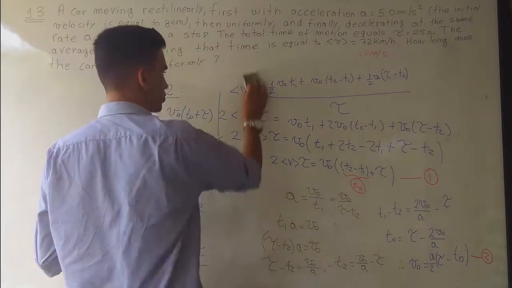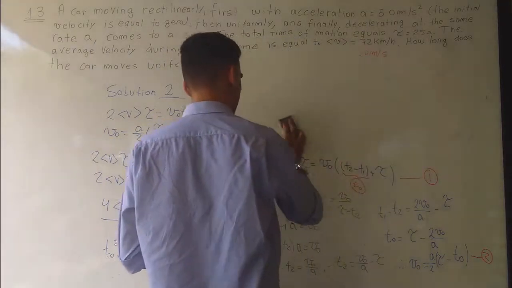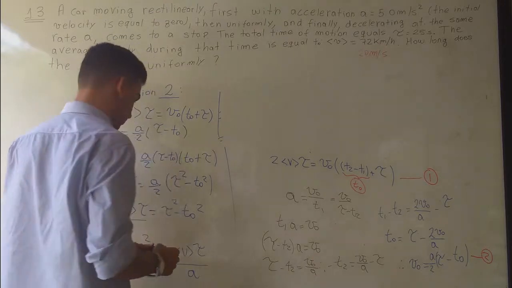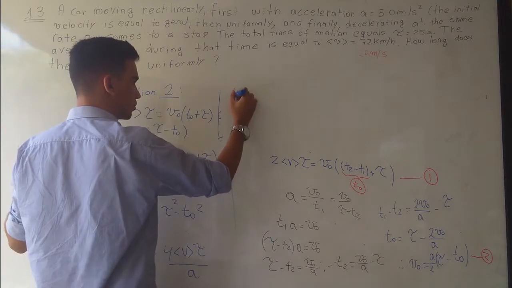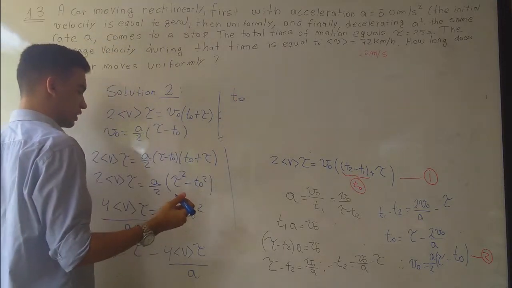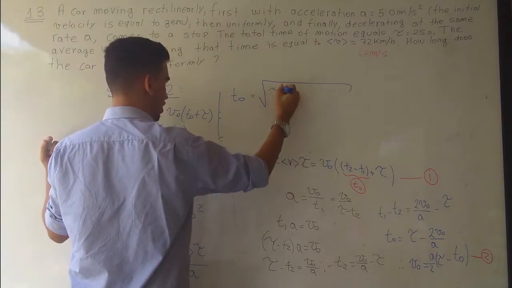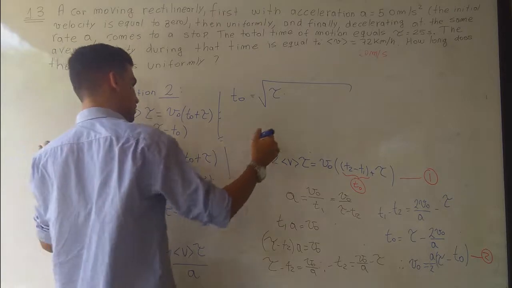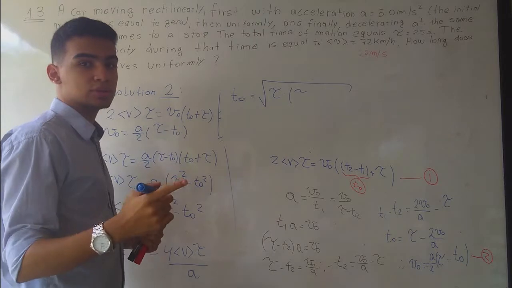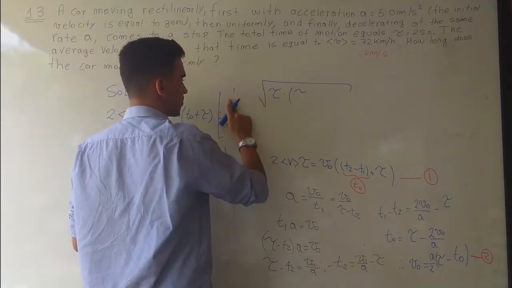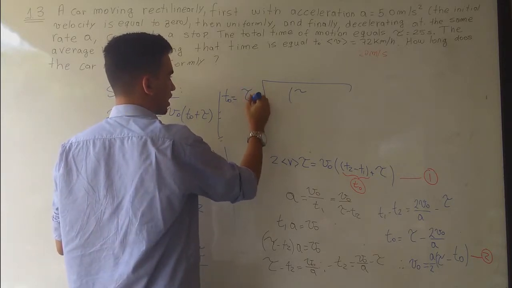So I'm going to erase this second part, we won't use it anymore, and we will have, if I put tau in common here, T0 is going to be equal to square root of tau that multiplies tau. I can actually put tau squared in common, it's better, because this way I can put the tau outside.